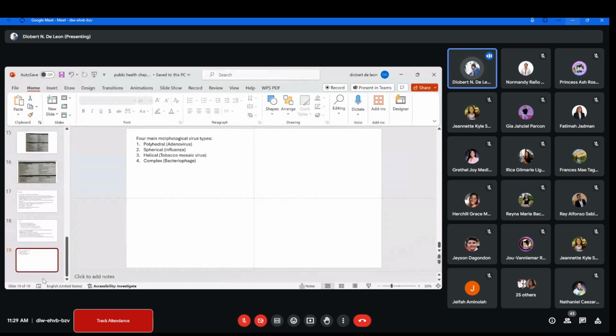Okay, you also have your parasites here. The next pathogen is your parasites. Parasites are called as such due to their non-mutual symbiotic relationship with their host.